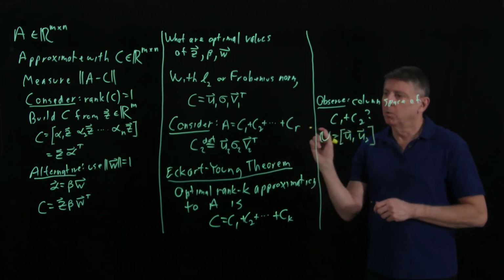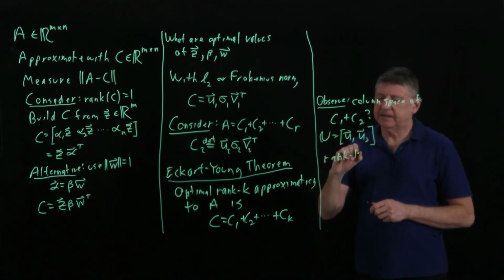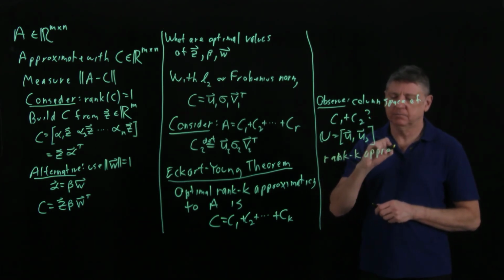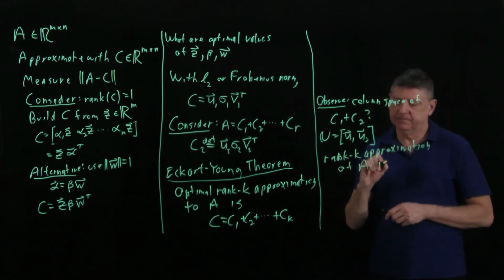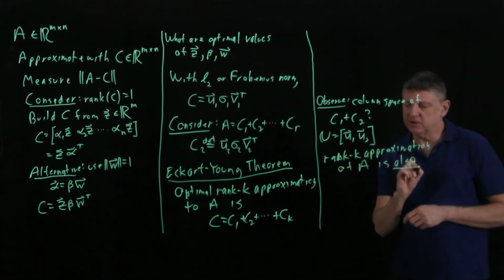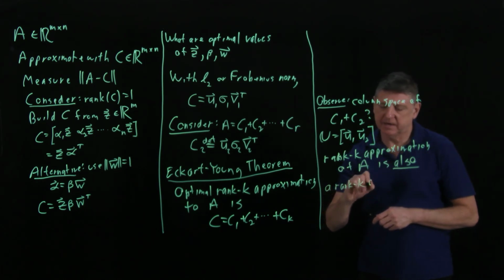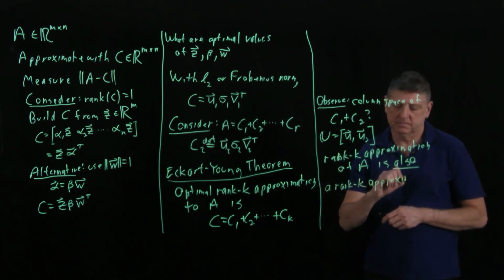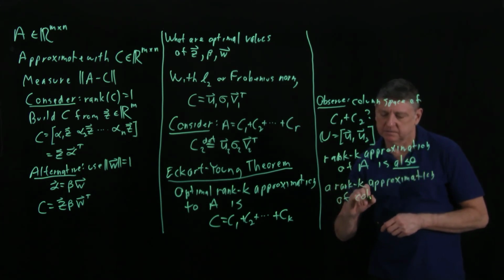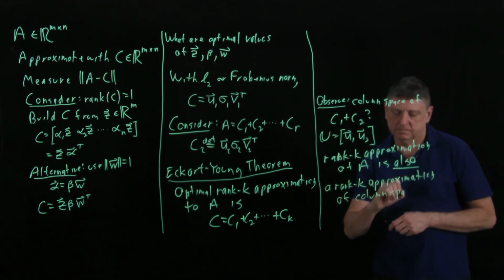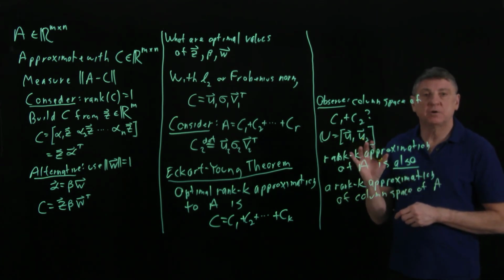And so what is happening is that a rank K approximation of A is, and let's underline this, also a rank K approximation of the column space of our matrix A. So these are the same thing.